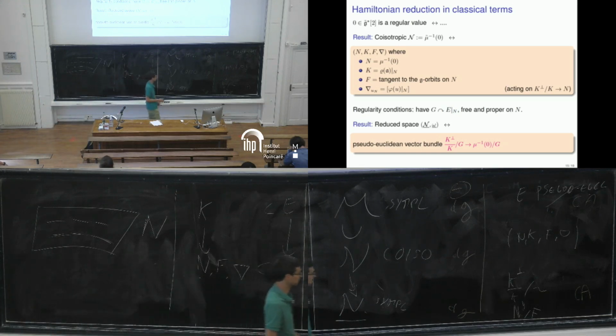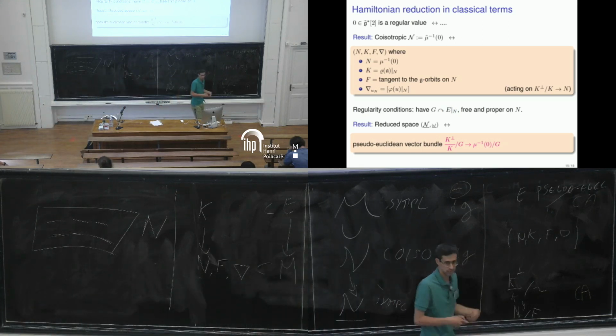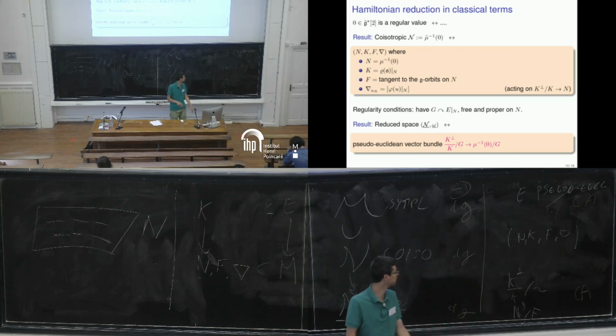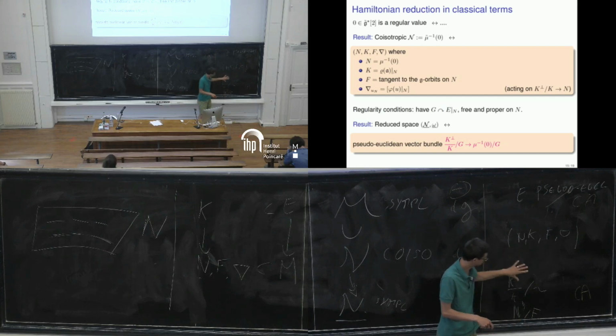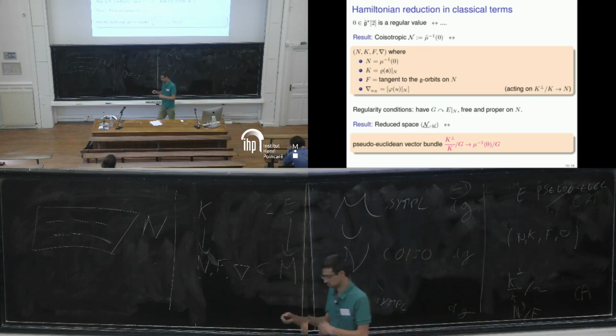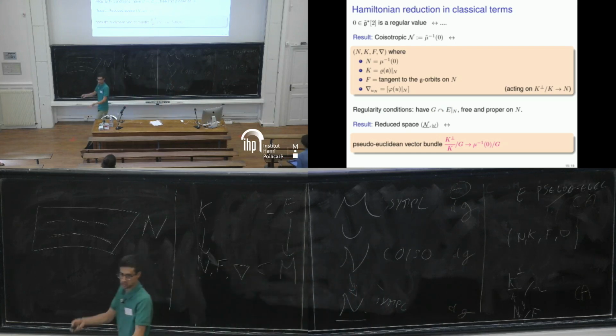So the bottom line is, in this Hamiltonian setting, when all the assumptions are satisfied, and I know there are many, you get a quotient space that is a bit more explicit, because the various quotients you take are just orbits of the G action.